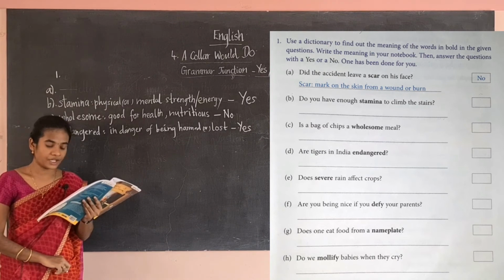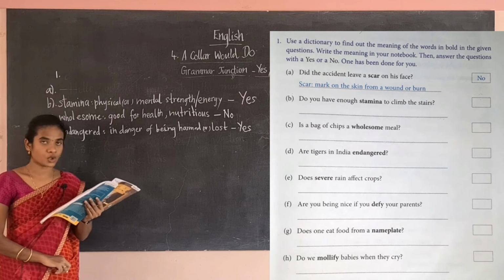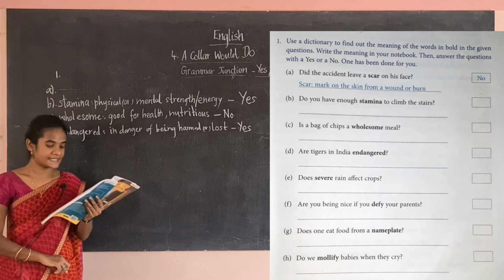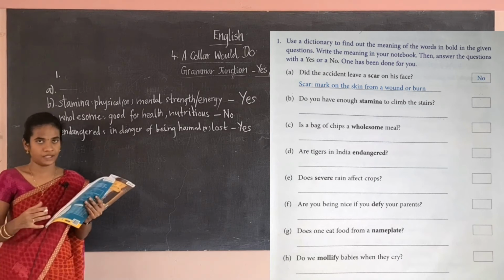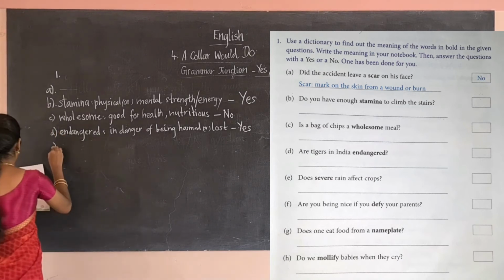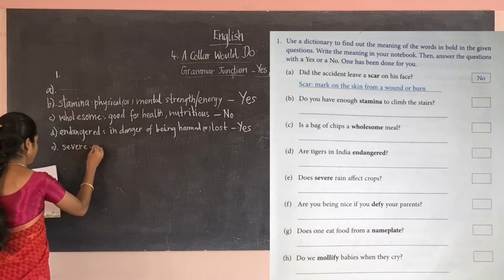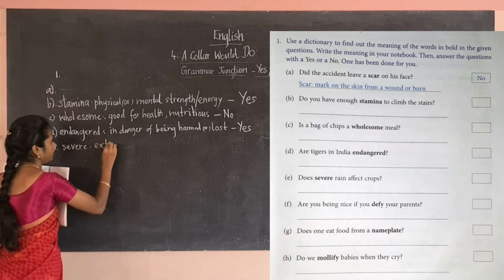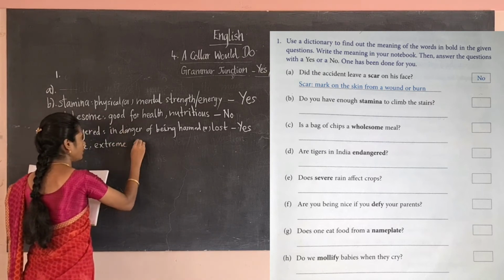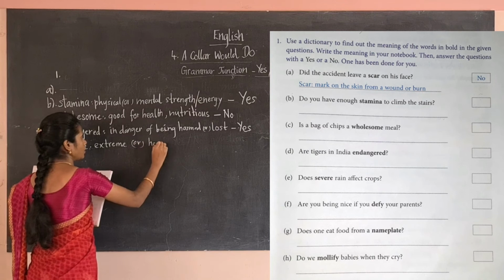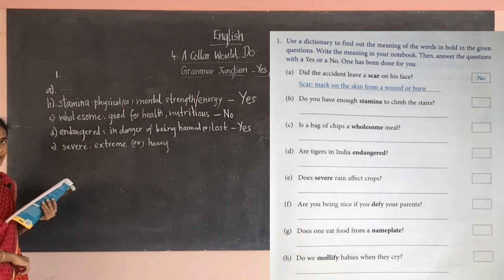Okay, then E, does severe rain affect crops? Here the bold word is severe. Severe means what? Extreme or heavy. So if there is heavy rain, that will definitely affect the crops.